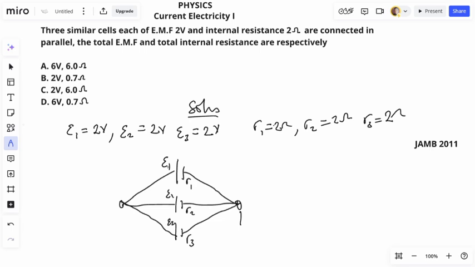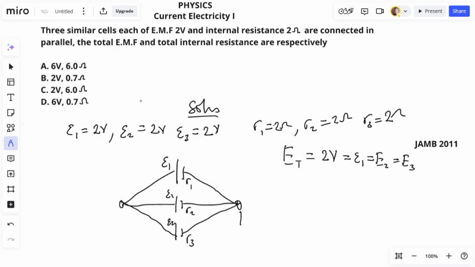And fortunately, since all of them are 2 volts, that means the total E total will be what? 2 volts, which is still the same thing as E1, E2, and E3. So 2 volts is the total EMF.